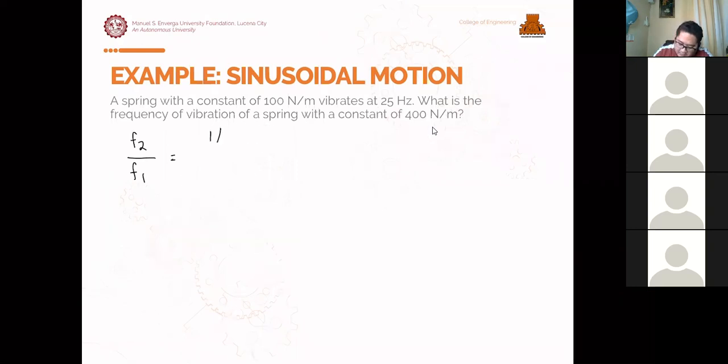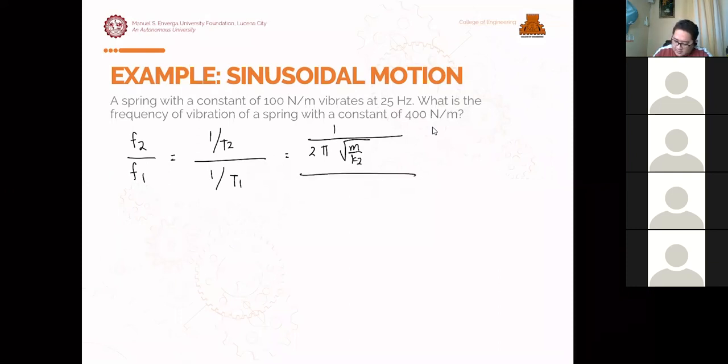So, ito ay 1 over period nung pangalawa, over 1 over period nung una. Then, 1 over 2 pi square root of M over K2. So, yung mass natin hindi naman nagbago. Walang sinabing binago yung mass. Okay? Then, 1 over 2 pi square root of M over K1.